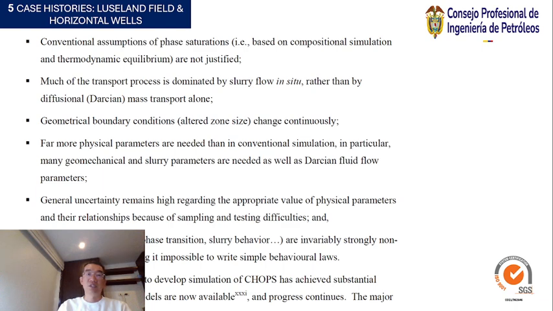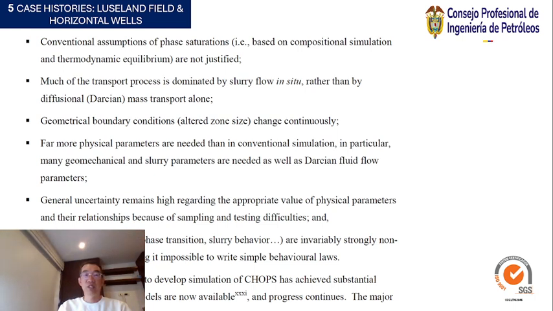Conventional assumptions of phase saturations based on compositional simulation and thermodynamic equilibrium are not justified. Much of the transport process is dominated by slurry flow rather than by diffusional mass transport alone.